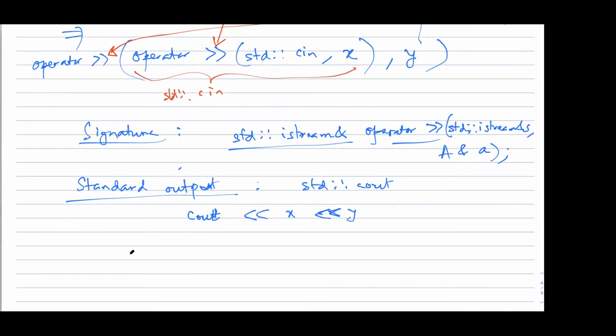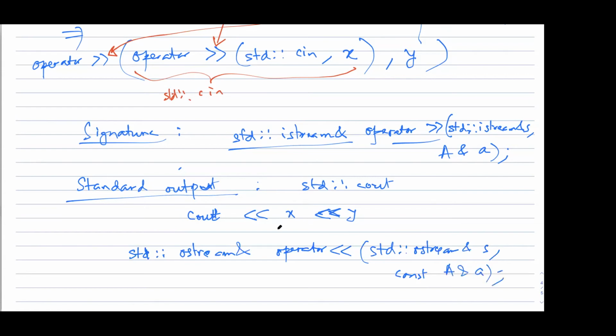So for the standard output, it's going to be std::ostream&, because it's the output stream, and then you have operator<<, and then you have std::ostream& s, and notice that here this is going to be a const A& a, because you are actually reading from here and then putting into the cout.